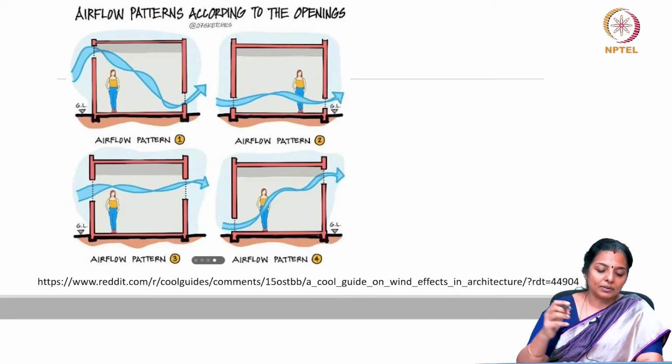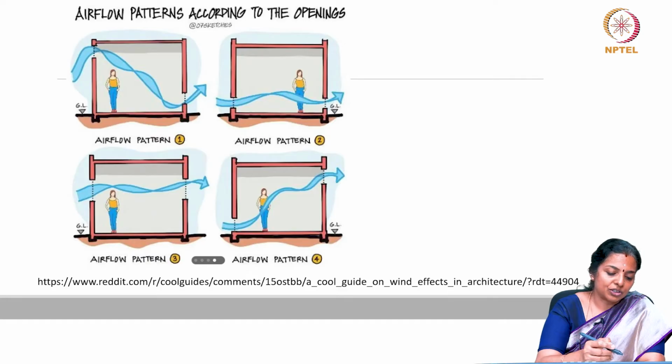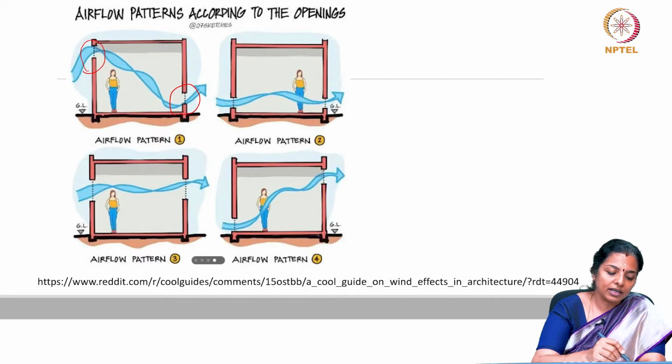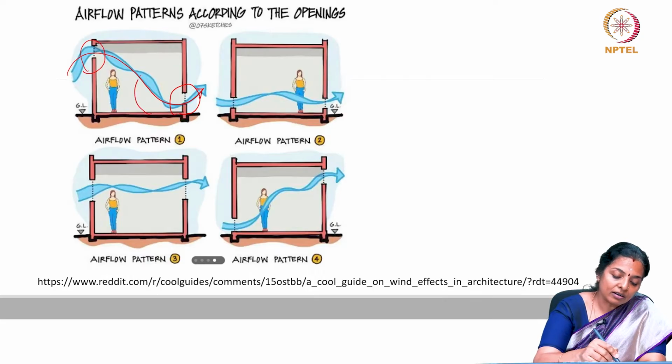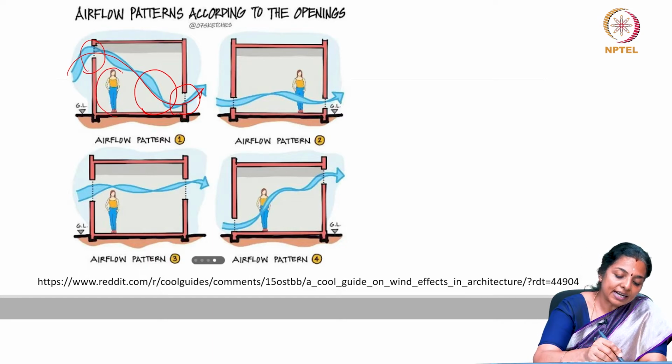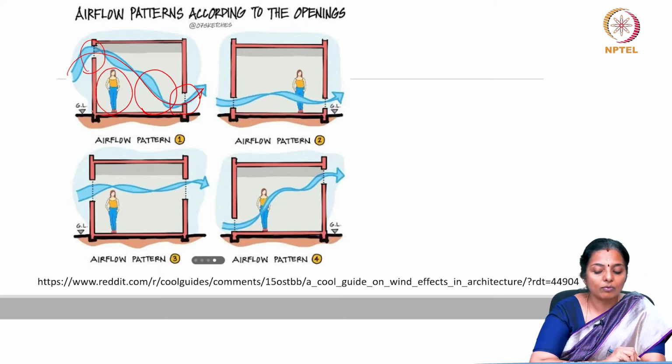For example, in this picture, the inlet is at a higher level and the outlet is at a lower level, causing the breeze to blow, which will give good ventilation for someone working here, and it would be a dead ventilative area for anyone working here.